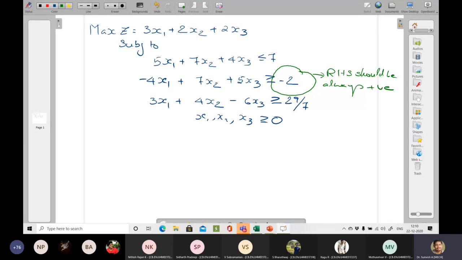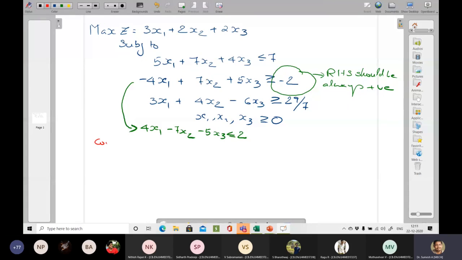So your second constraint alone, you need to multiply by -1 before you proceed. It will come as 4x1 minus 7x2 minus 5x3 less than or equal to 2. That's the way you have to convert. It is a must before you attempt the problem. Then you can convert into standard form.